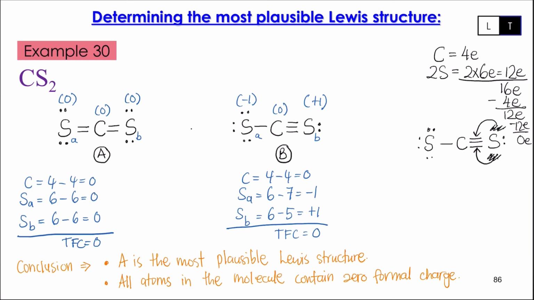So, maybe akan ada yang tertanya-tanya, kat mana markah saya? So, markah diberi apabila awak label formal charge dekat atas atom dalam Lewis structure awak. Itu markah pertama untuk FC. And then, awak ada 2 structure kan? So, akan ada 2 lah markah untuk labeling formal charge on each atom.